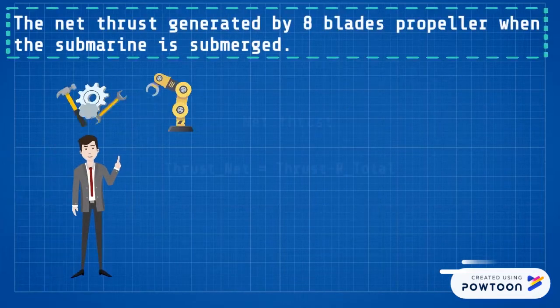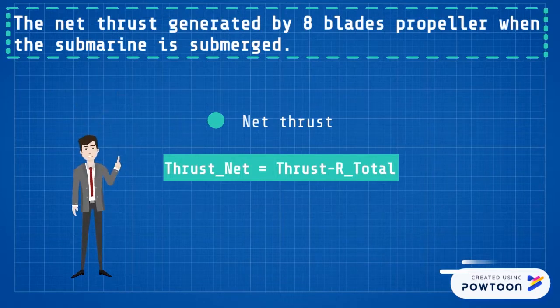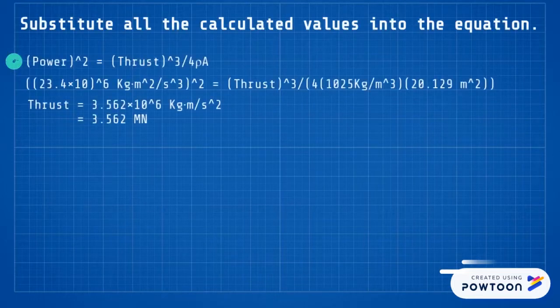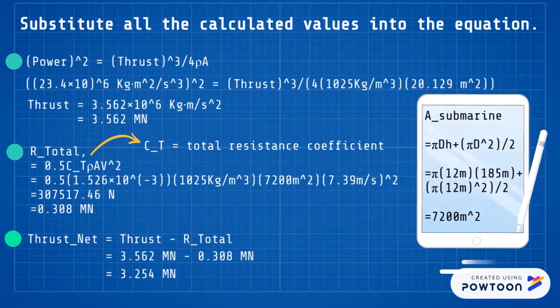Next, to find the net thrust generated by 8 blades propeller when the submarine is submerged, we'll be using the net thrust equation. So, the net thrust is equals to thrust minus the total resistance faced by the submarine. As always, we need to substitute all the calculated values of the variables into the equation to solve the problem.